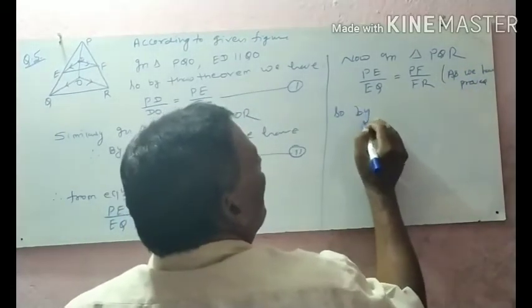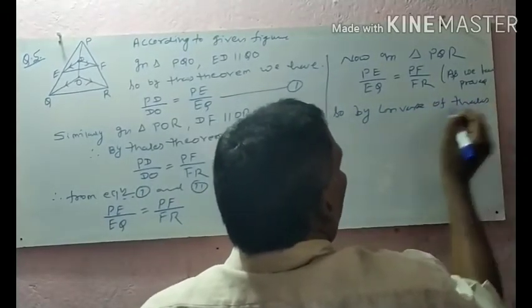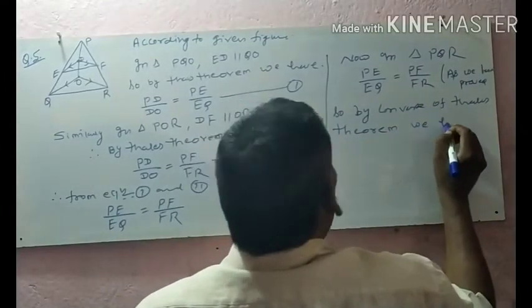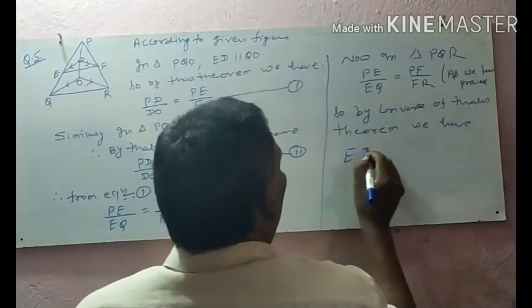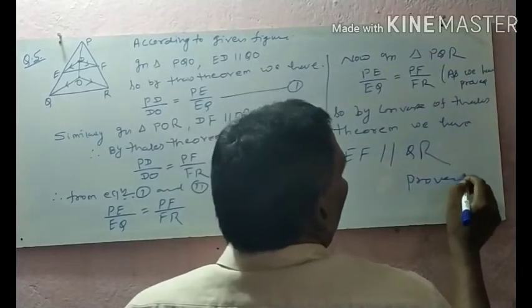So, by converse of Thales theorem, we have EF is parallel to QR, proved.